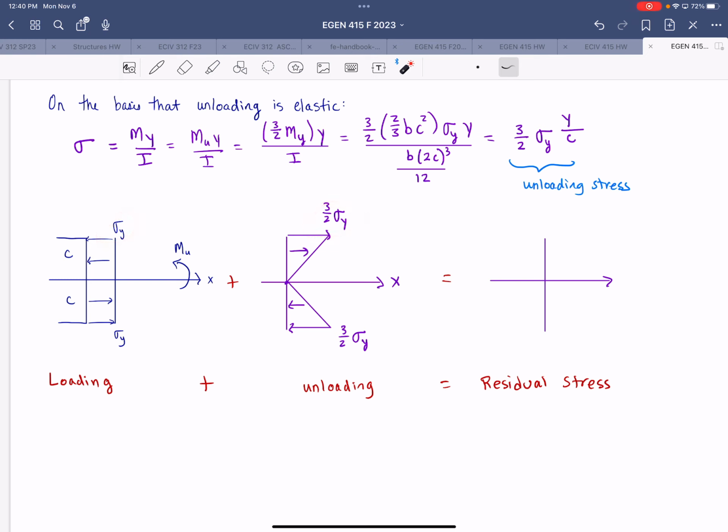So we have 3/2 sigma y minus sigma y. So we'll have 1/2 sigma y at the extreme fibers.